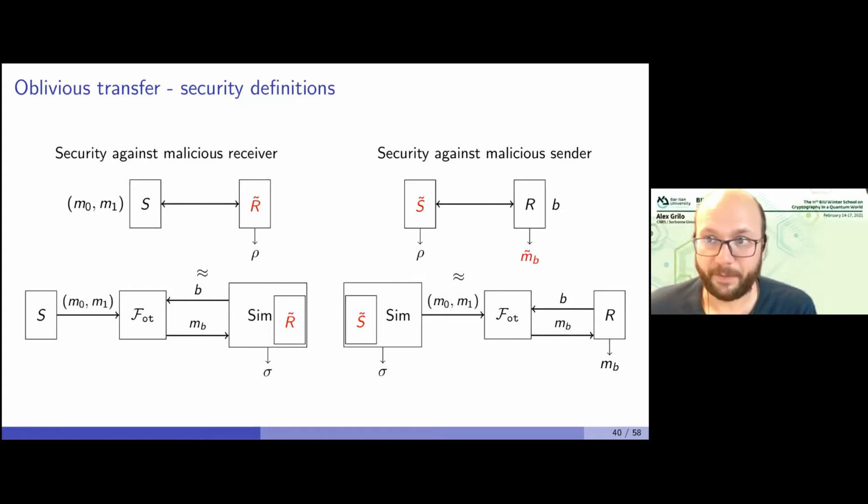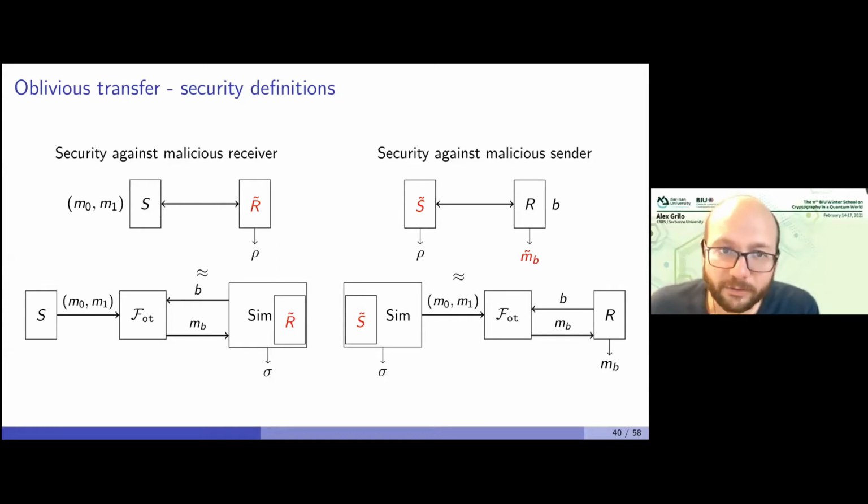Here the simulator outputs her quantum state sigma, and the receiver should output her quantum message M_B. So, more concretely, in the case of a malicious sender, notice that the simulator has to, in some way, extract both messages from this malicious sender, and these should be the same messages that the malicious sender would enable the honest receiver to get. Because the point is, if M tilde B is different from M_B, these two scenarios are perfectly distinguishable.